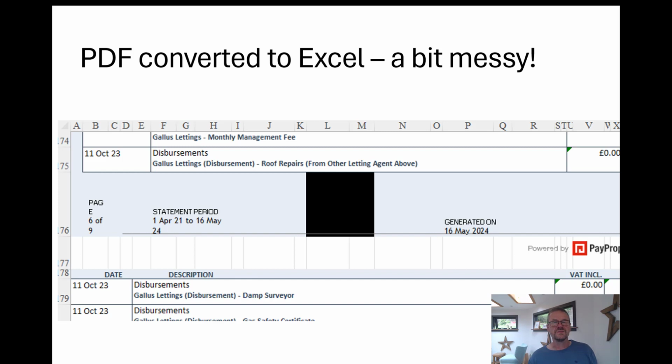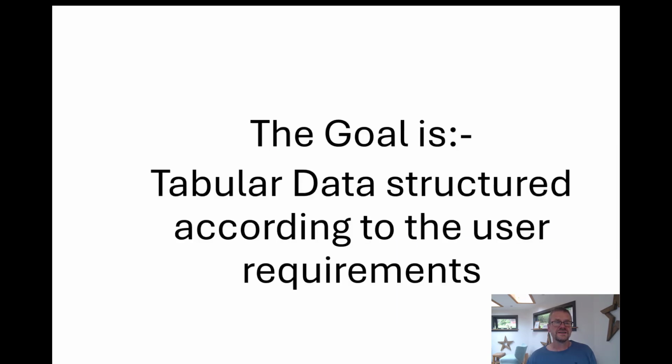Now we only need certain bits of this data, so we need to pick and choose what it is we need, and we need to reformat the data. For example, in here we've got some carriage returns, we need to get rid of those, and we've got some numbers that are formatted as text. So overall it's just a bit messy.